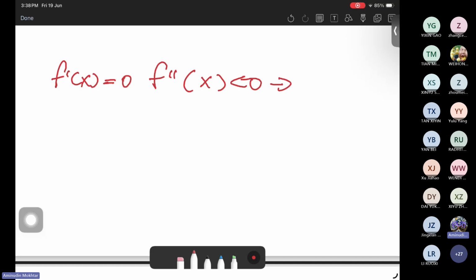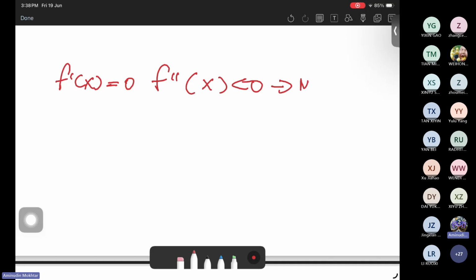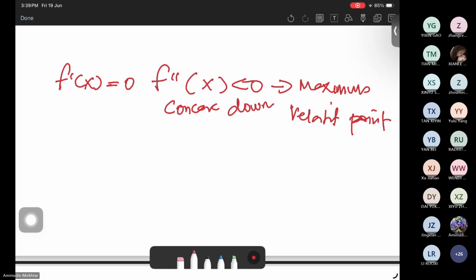So we can conclude that this occurs at a maximum relative point, because the graph is concave down.